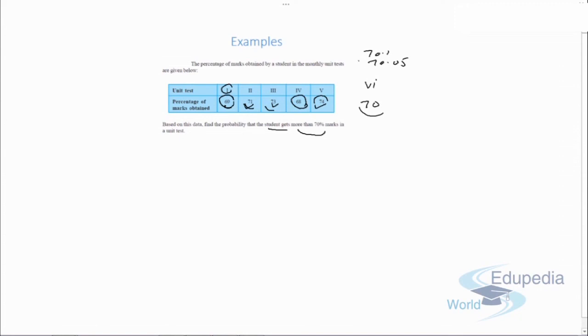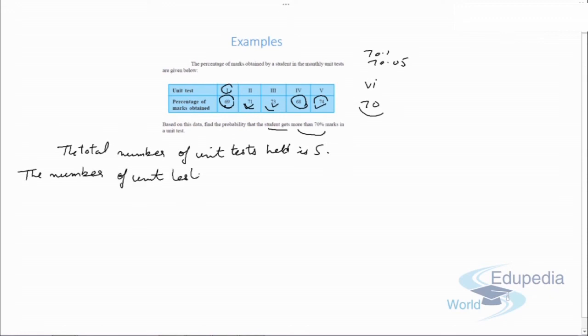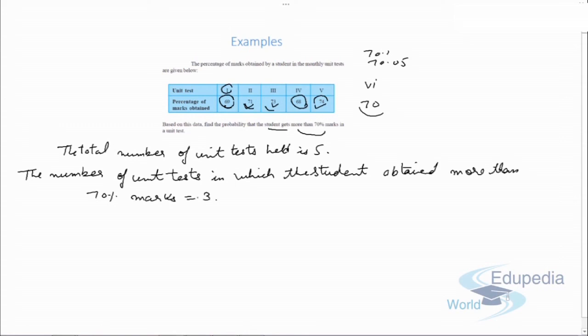Now let's see how we can solve this question. We first write that the total number of unit tests held is 5. Then the number of unit tests in which the student obtained more than 70% marks is 3, right?